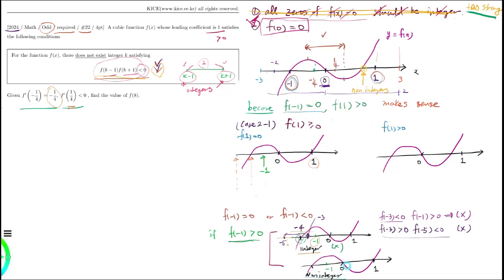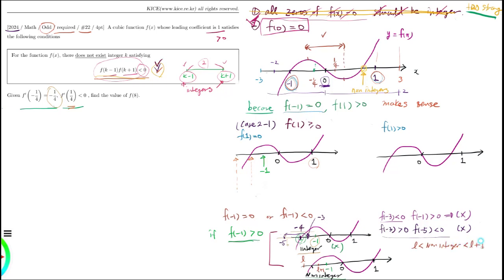And then for the non-integer smallest zero, there will be an integer l, in the interval l to l plus 1, which contains this non-integer value strictly inside.